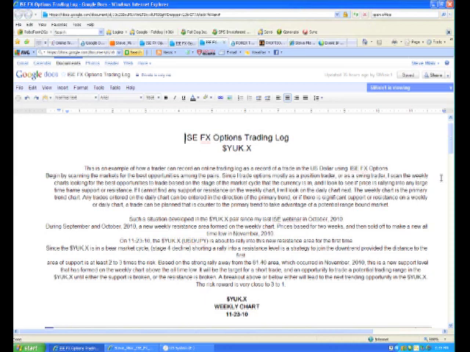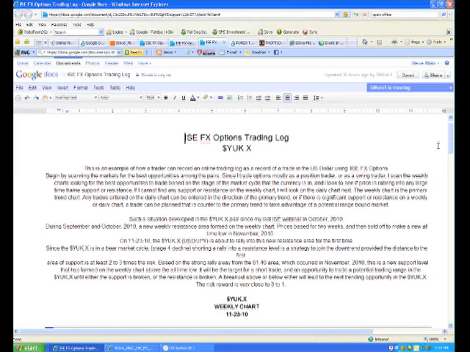The weekly chart is the primary trend chart. So any trades entered on the daily chart can be entered in the direction of the primary trend, or if there's significant support or resistance on a weekly chart or a daily chart, I can take a trade that may be counter to the primary trend, because if I have support and resistance, I may have a potential range-bound market.